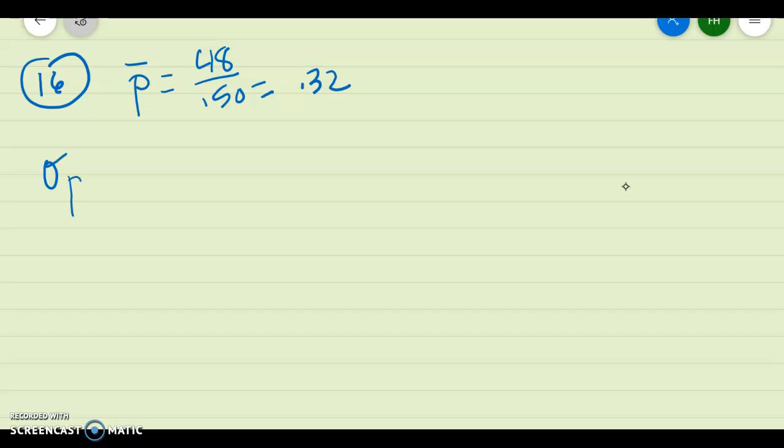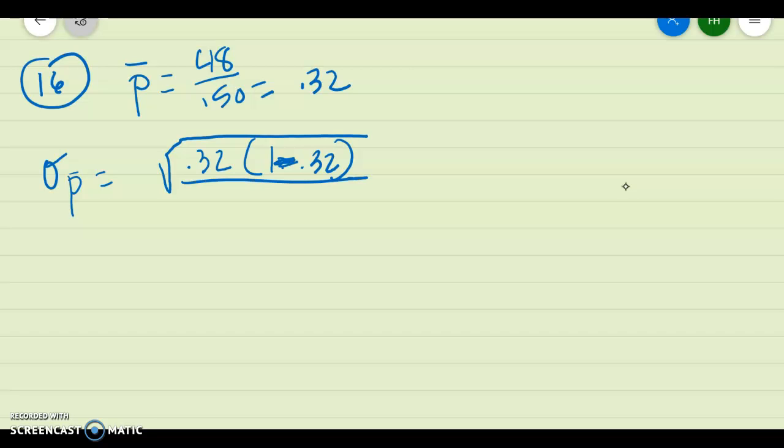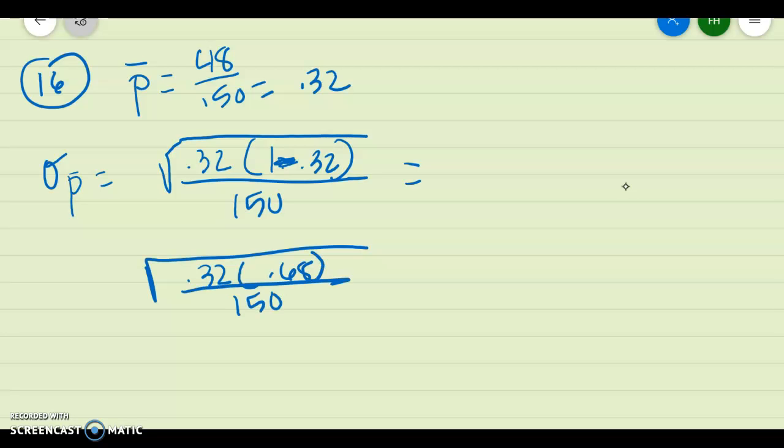To find the standard error of the proportion, you would do 0.32 times 1 minus 0.32, which is 0.68, and divide that by 150, and then take the square root of that, and you will get 0.0381.